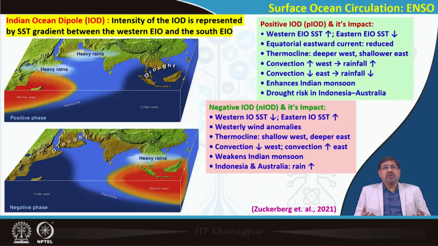So, we have a dipole there. It is known as the Indian Ocean Dipole, IOD abbreviated. The intensity of the IOD is represented by the sea surface temperature gradient between the western Indian Ocean and the south Indian Ocean. So, you can see on the upper figure the western region having a larger red mark.